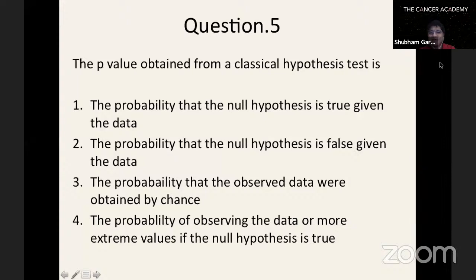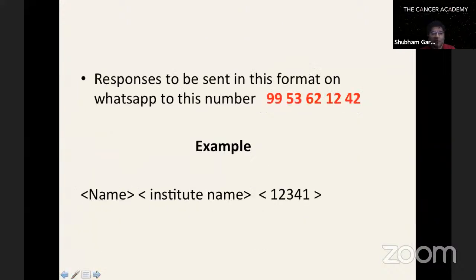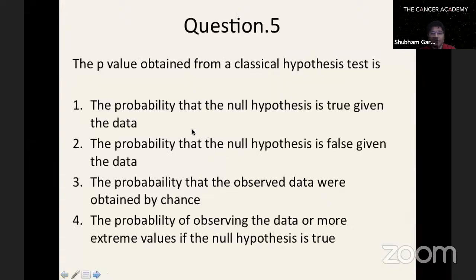The p-value obtained from a classical hypothesis test is the probability that the null hypothesis is true given the data, the probability that the null hypothesis is false given the data, the probability that the observed data were obtained by chance, or the probability of observing the data or more extreme values if the null hypothesis is true.